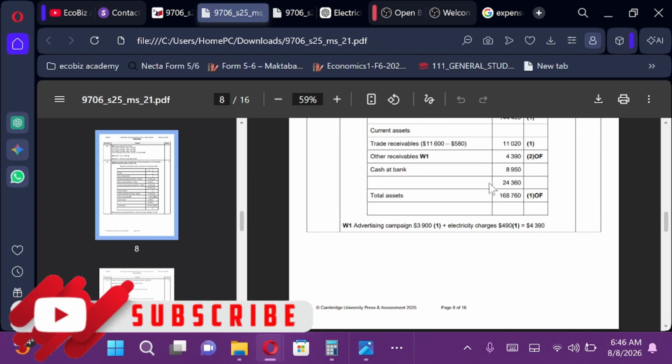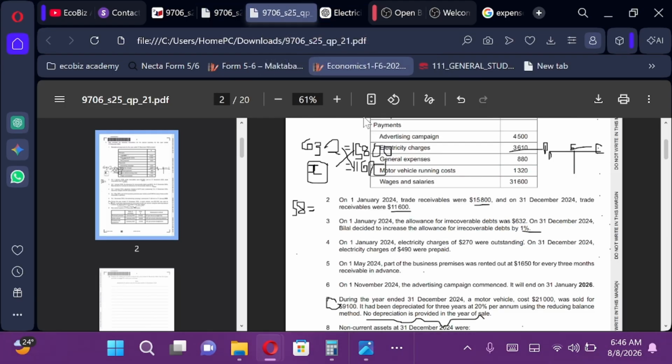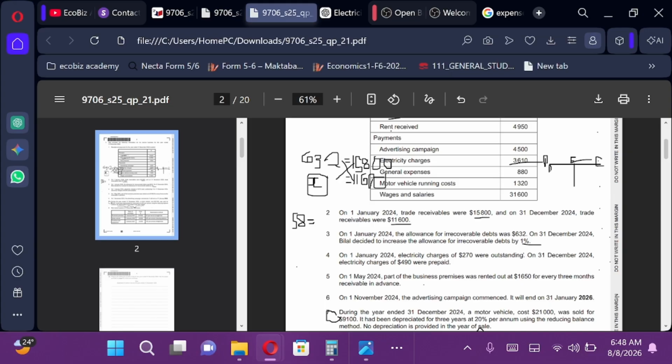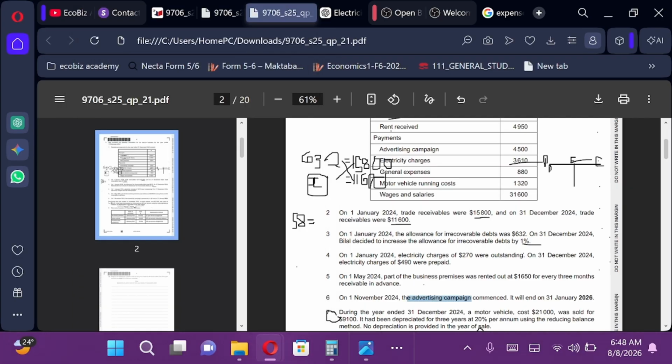Now we need to find the amount of other receivables. They wrote here advertising campaign 3,600 plus electricity charges. Let's check here. If you remember from earlier in the video, we calculated that advertising campaign will be 600.